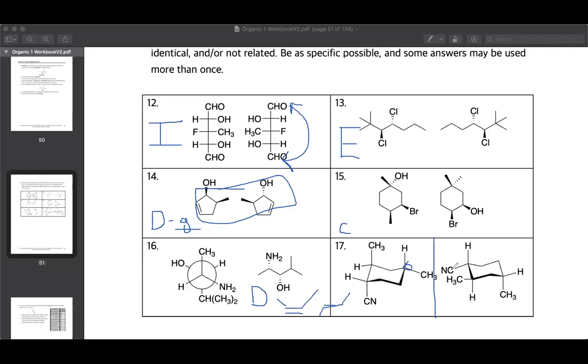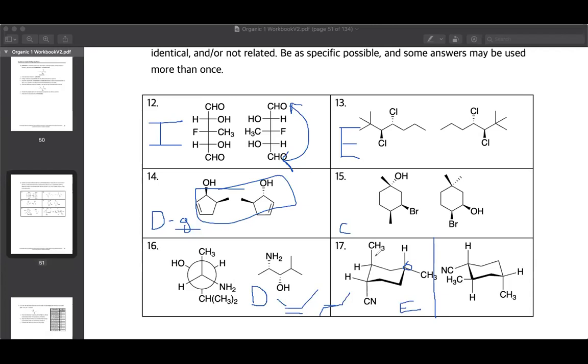And yes, I was just going to say assign R and S, and you can see that all of these R's and S's are going to invert. Very good point. So these would be enantiomers. At first they look like conformers. That's what I was trying to prove, that they look like conformers, but they're enantiomers. Because if you were to assign R and S to each one of these, they're different. They all flip. I'm arbitrarily calling them R, even though they may not be, all of those would go to that.